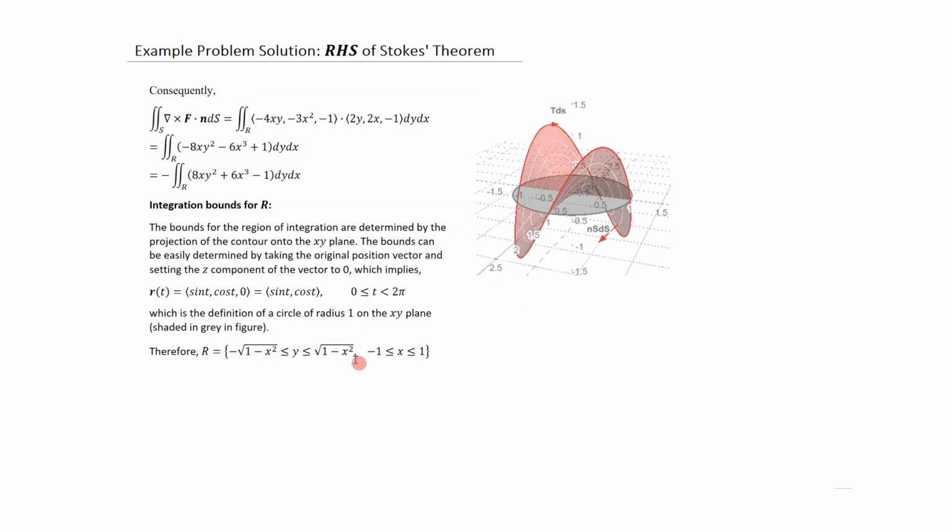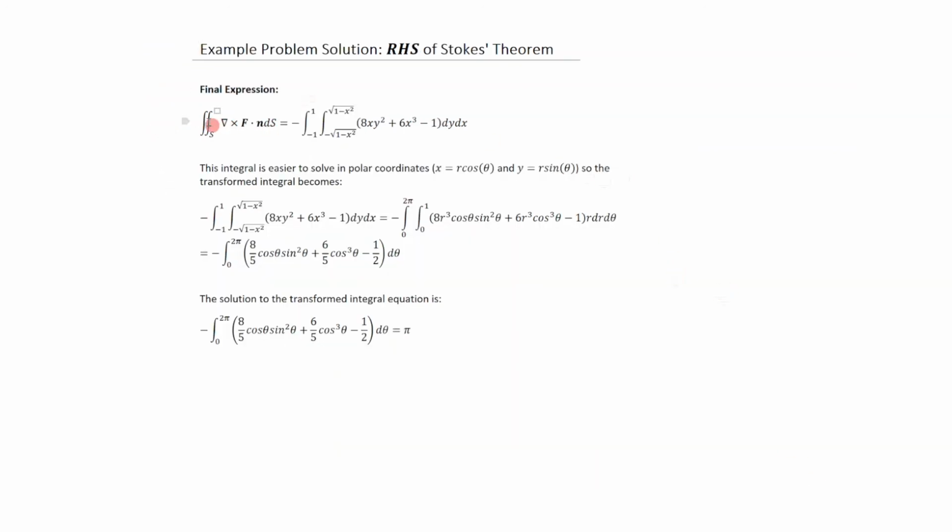The circle has radius 1, so the square root of 1 minus x squared is the upper bound, and minus the square root of 1 minus x squared is the lower bound. And x will range from −1 to 1. So these are the bounds that will be put into this double integral, which is now a double integral on the xy plane.